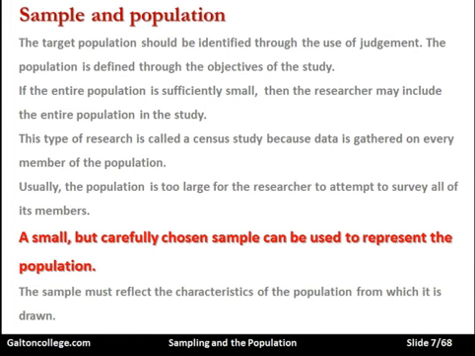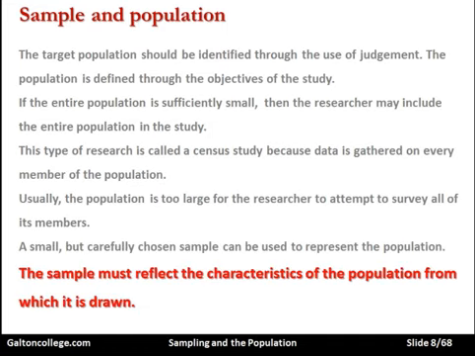Now here, of course, we have to consider the sampling technique, whether it's random or non-random, and we'll talk about this later in this session. We have to decide on how big the sample should be. So care must be taken, if a sample is going to be used, that the sample is representative of the population.